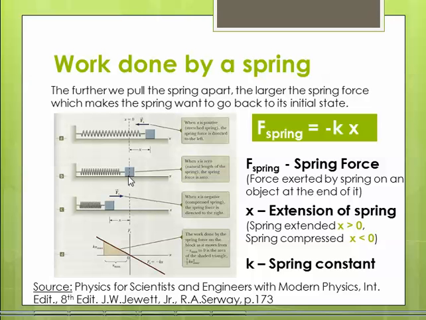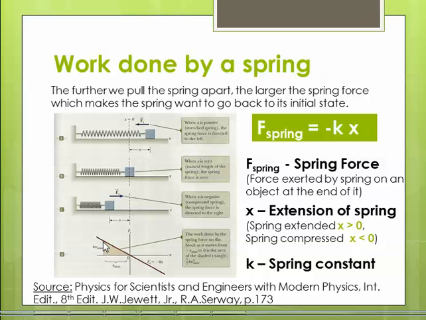We can see it by this equation: x equals 0, k times 0 equals 0, so the force is 0. And here you find 0. However, as you push the spring, as you compress the spring, the force increases. It becomes larger and larger. The factor of proportionality is k.